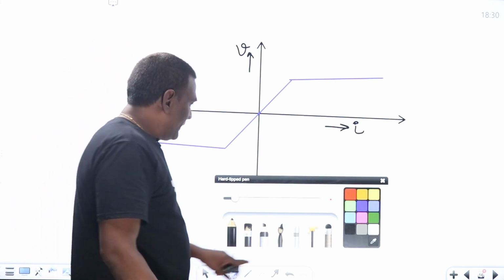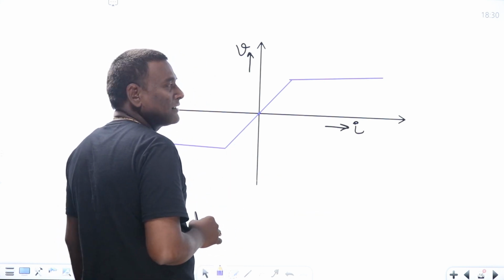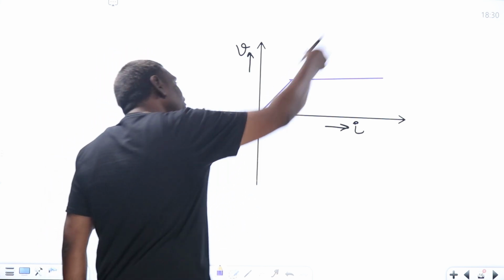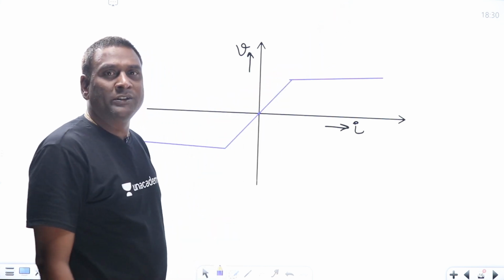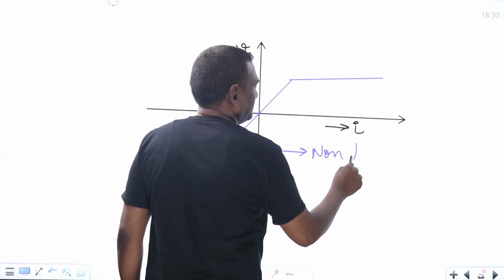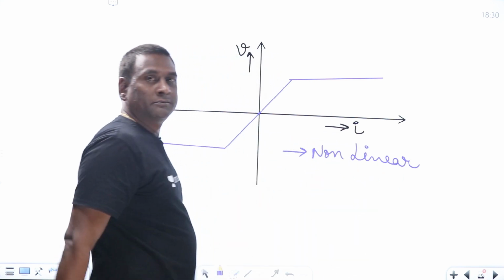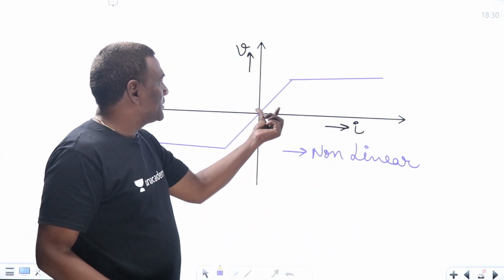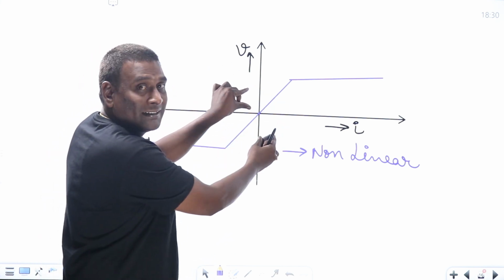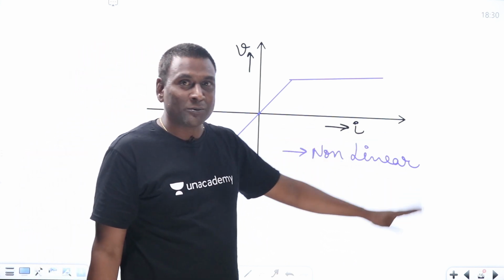Okay, now let us conclude this. See here, this characteristic, is it linear or non-linear? It is not a continuous straight line going through origin. So obviously it should be non-linear, right? Because if I take this much voltage, and for that some current is there, if I increase voltage by 10 times, will current increase by 10 times?